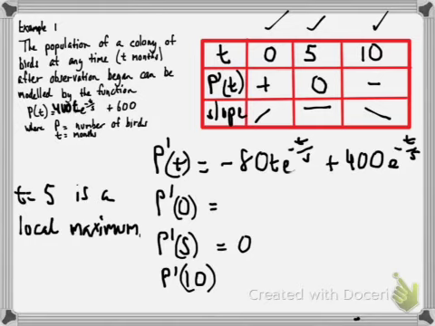Using the calculator, if you put 0 into the derivative, p dash 0, we get a positive value. If I put 10 into the derivative, I get a negative value. So we get that pattern of plus, 0, negative, which demonstrates that t equals 5 is a local maximum.